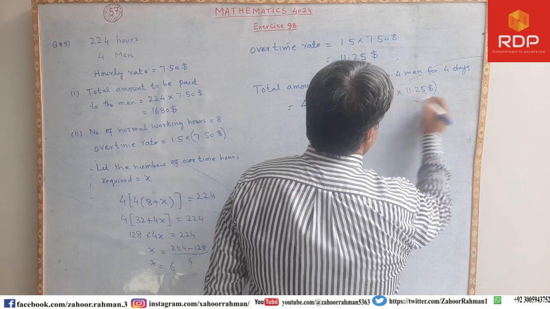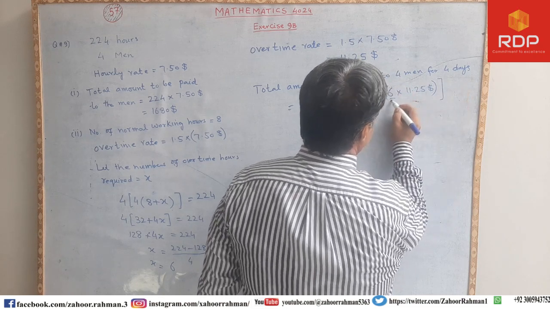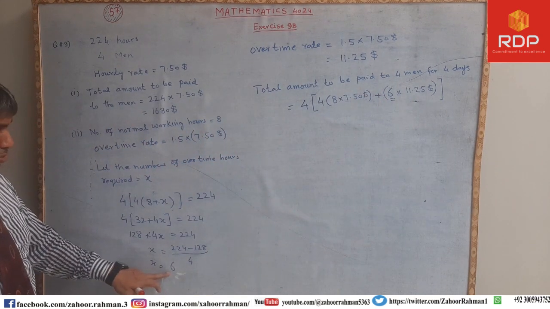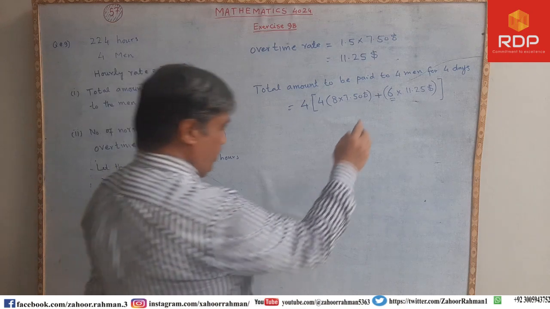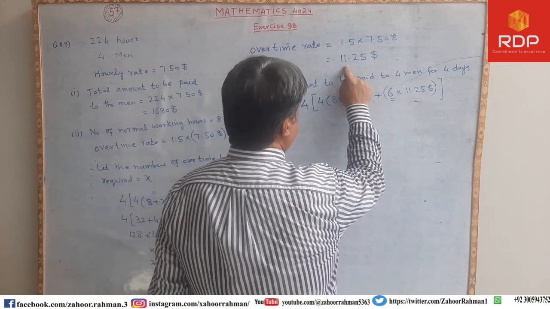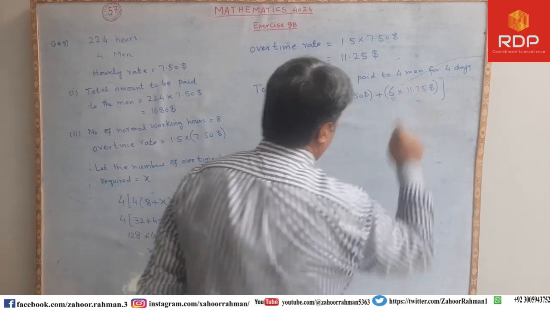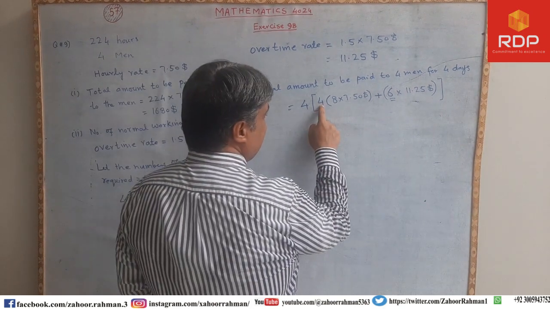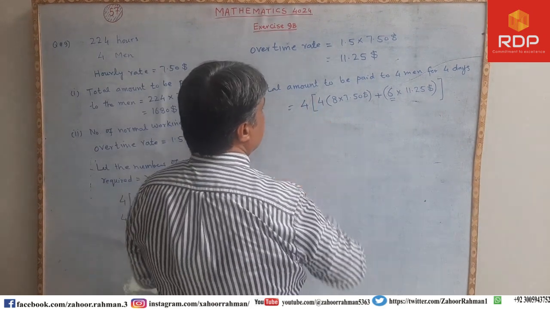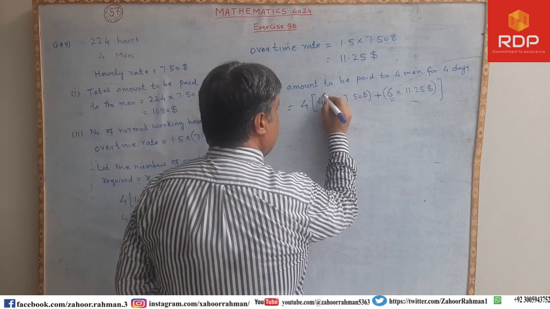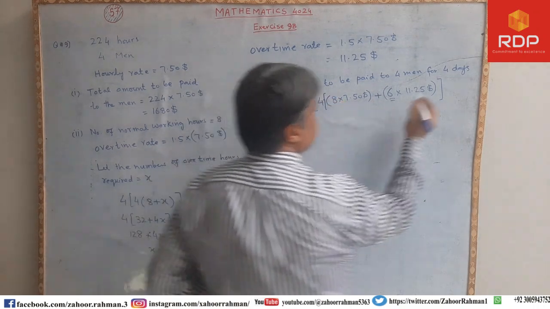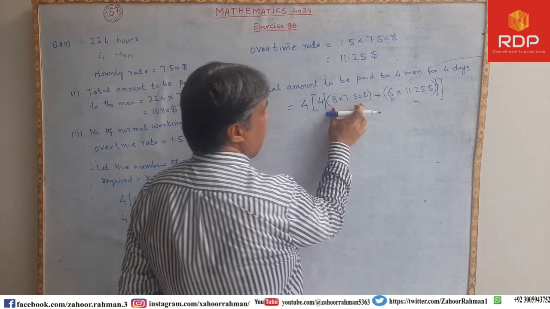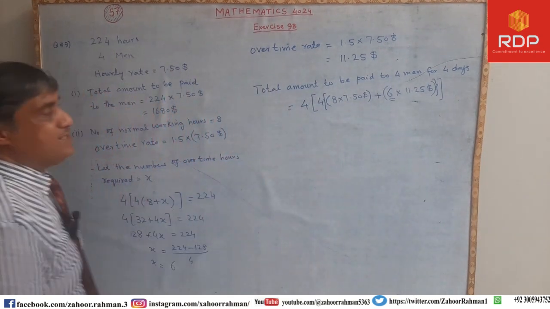Ladies and gentlemen, why? Because 6 hours they are doing overtime, and the overtime rate we calculated is $11.25. 4 men for 4 days. So it should be like this as well, because this 4 is not only multiplied with this one.